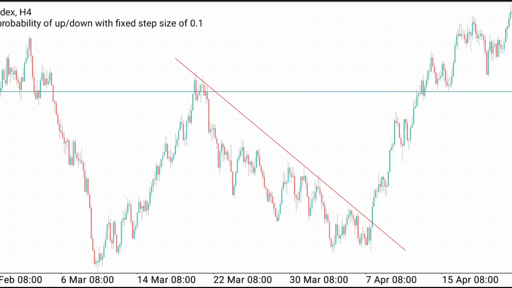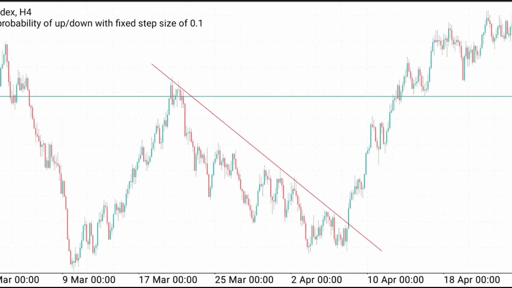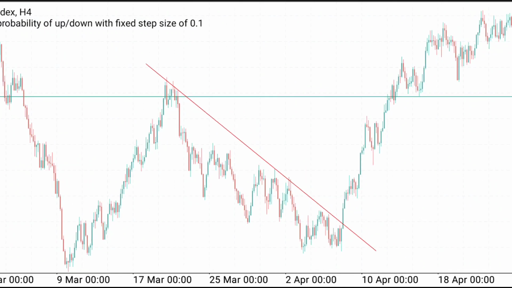When you are done drawing your trend line, there are some patterns you need to look out for to see if this is trade continuation or trade reversal. Here we are looking at trade reversal, not continuation.